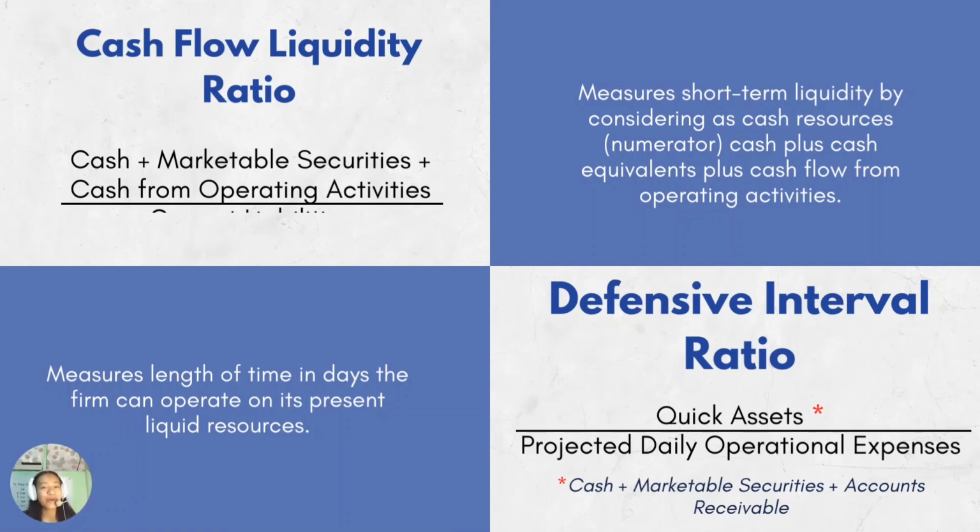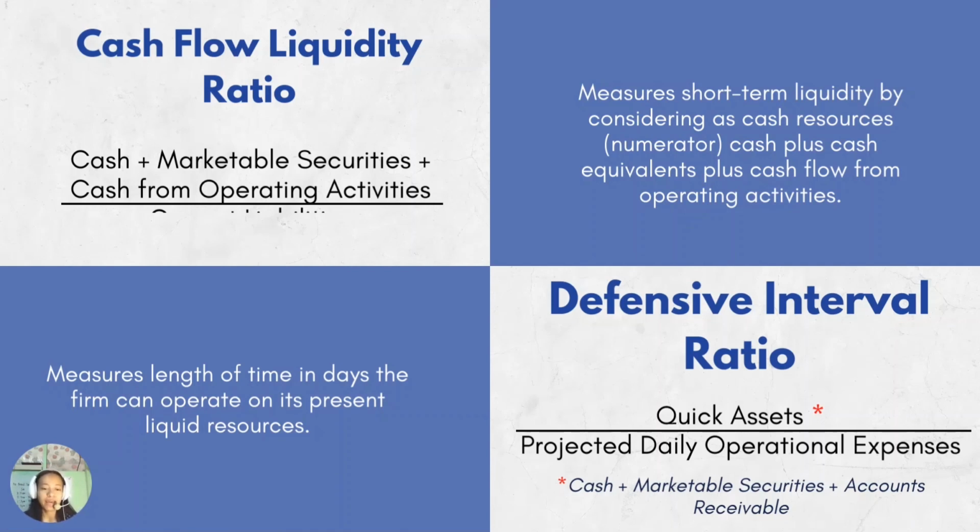It measures how well a company can pay off its current liabilities with the cash flow generated from its core business operations lang. So, hindi siya doon sa buong current assets, doon lang sa cash flow na na-generate from its core business operations. So this shows how much a company earns from its operating activities per peso of current liabilities. Kumikita ba yung company kapag tiningnan yung ratio ng mga cash versus dun sa current liabilities ng company?